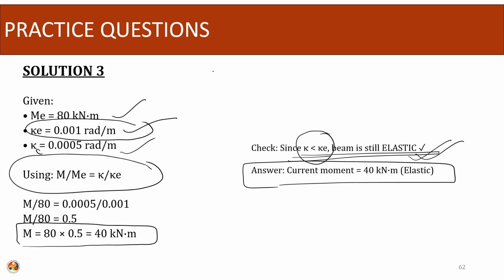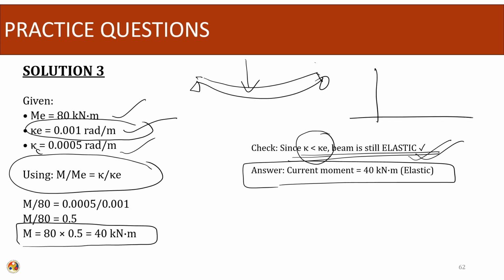What does it mean? Let us say we have a beam and it is undergoing deformation, and we are measuring the moment versus the curvature. Here this limit is given as 80, and the curvature is given as 0.001.